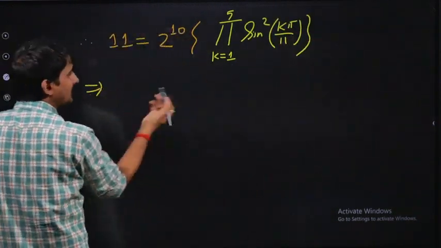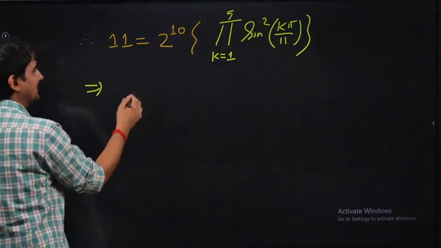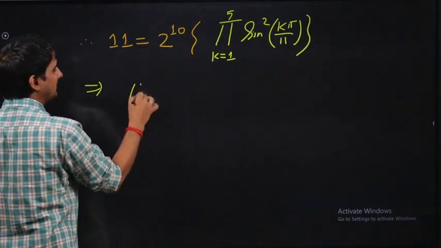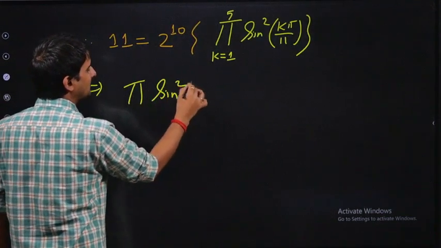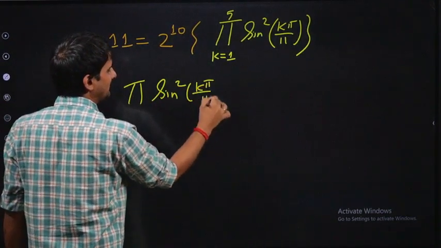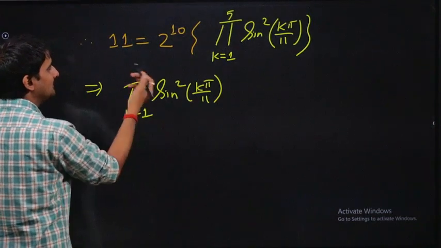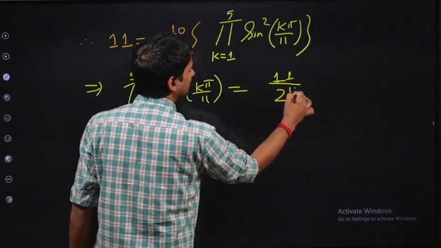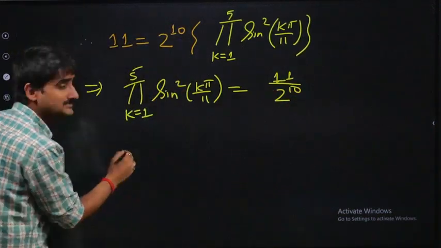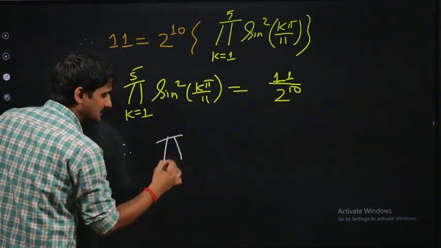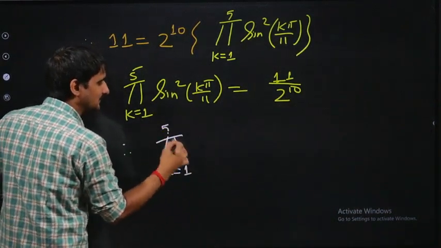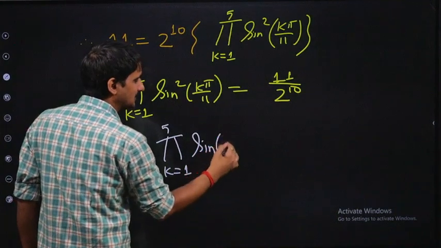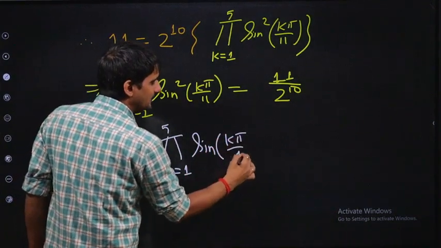Now bring it this side. So the product of sine square of k pi by 11, k goes from 1 to 5, is nothing but 11 upon 2 raised to power 10. So what's our answer? The value of the series which we need here is not a square, so you will take the square root on both sides.